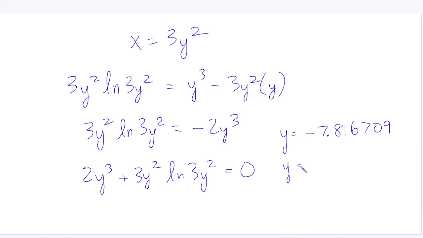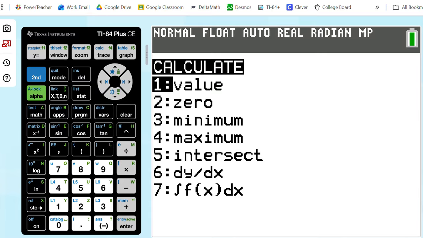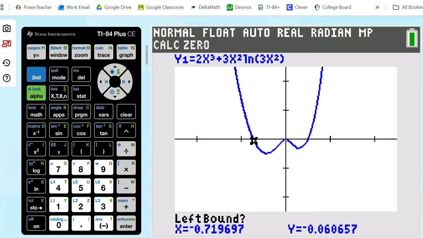So we'll go back to here. We'll say y is also equal to negative 0.738495. And we'll go back to our graphing calculator once more and find the next one, which we think might be right here, but we're going to skip over that one. We'll talk about why we do that in a second.